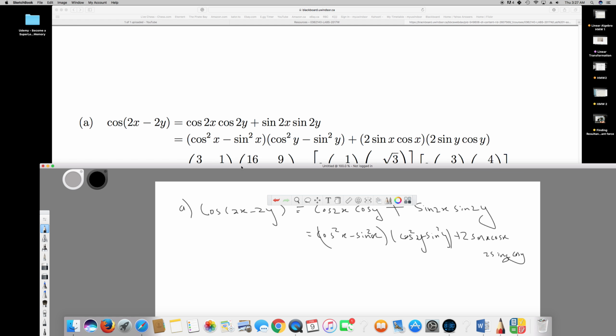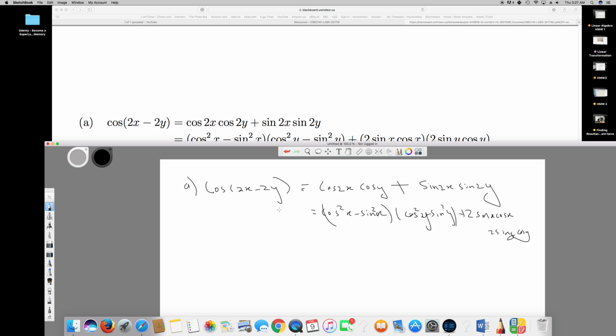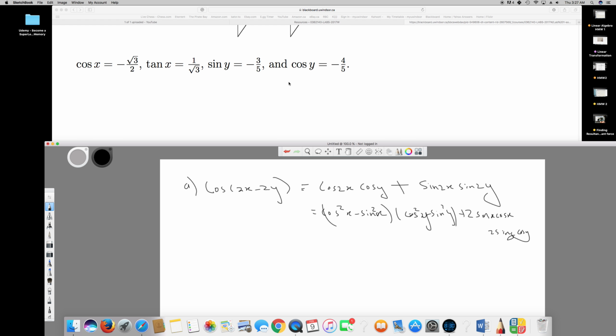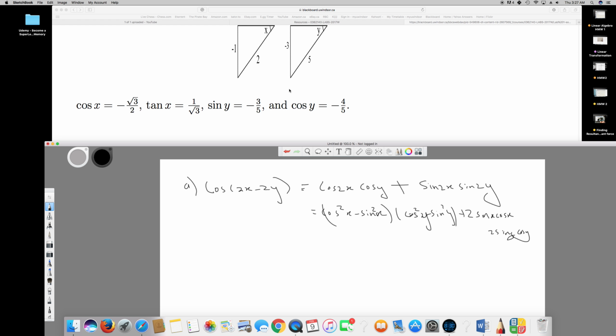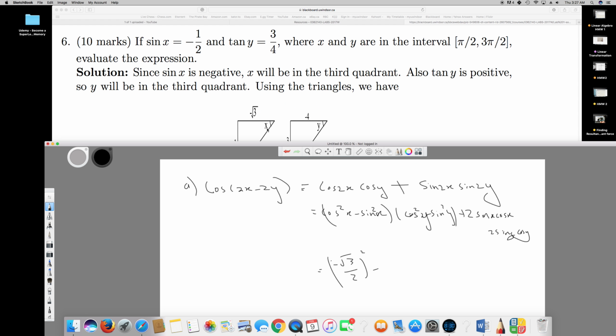Since this is true, we already found all the variables, so I don't want to do that anymore. cos²x is going to be (root 3 by 2)² minus sin²x.